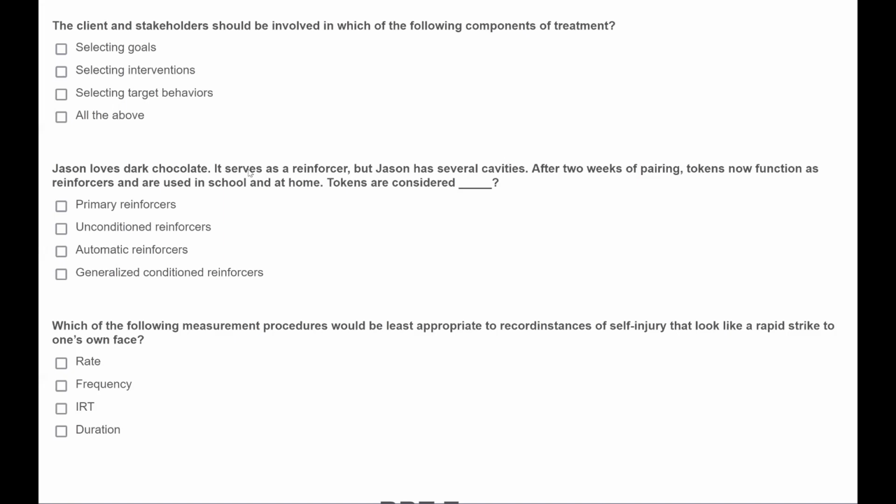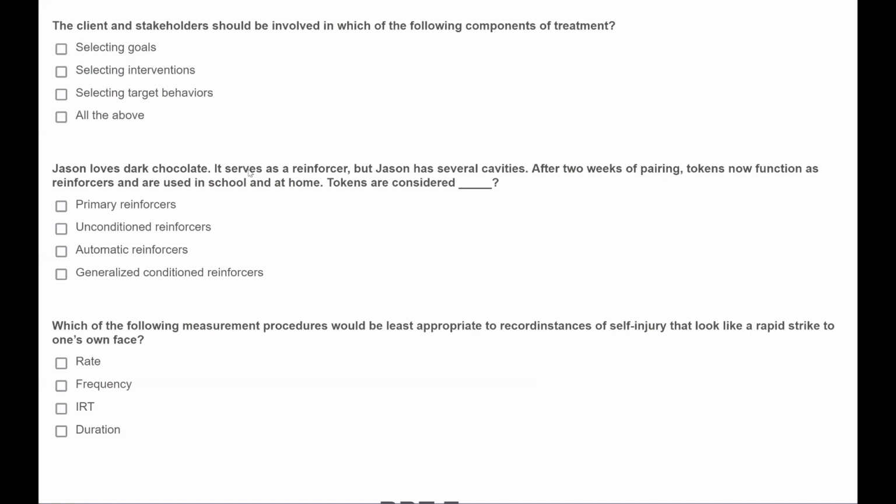I mean, part of our indirect assessments are doing what? Trying to identify specific goals and things we want to work on. What about interventions? Yes, if we want to, say, use an extinction procedure and the parents say, well, we just can't see ourselves being able to do that successfully, we're going to have to find a different intervention, okay? Again, we need to respect their culture, their ability, their resources, their time.